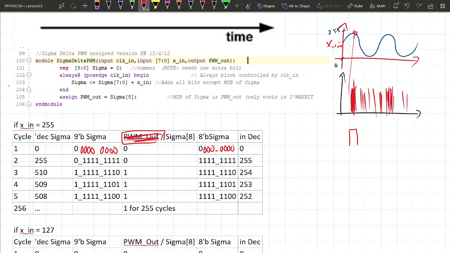The 8-bit version of sigma is that same number, but with the 9th bit removed. But now sigma is 255, so we're going to have to wait till the next cycle rolls around. The number we're adding is still 255 here. This number is now what? Before, in the beginning of cycle number 2, what's this number?